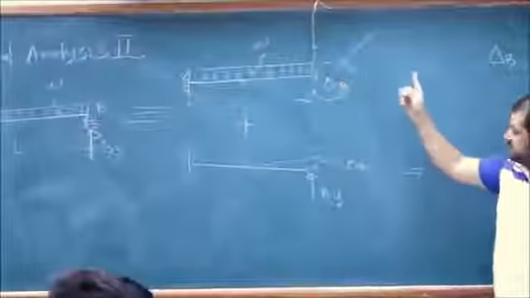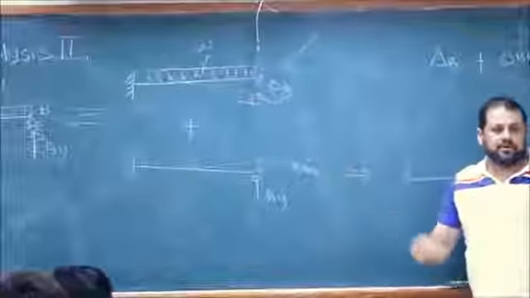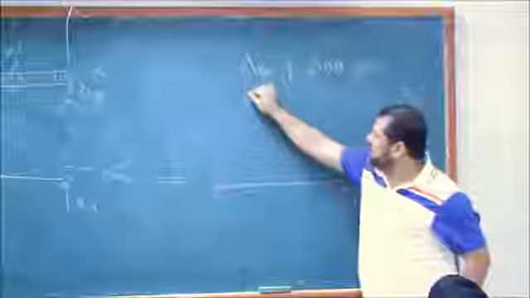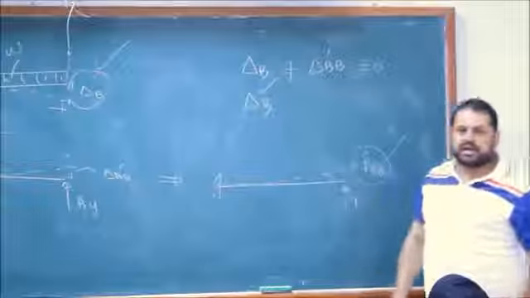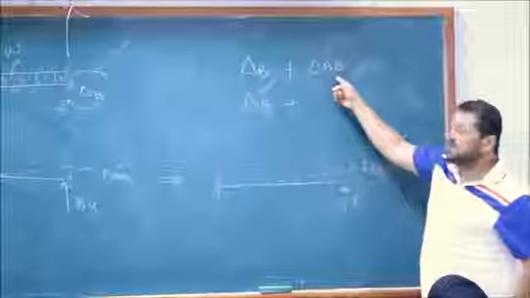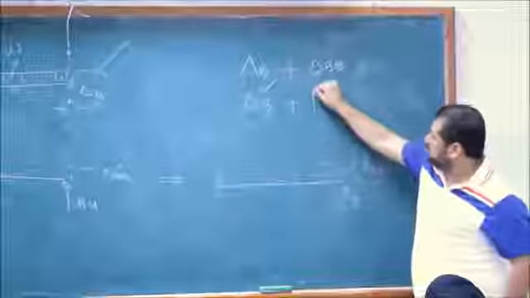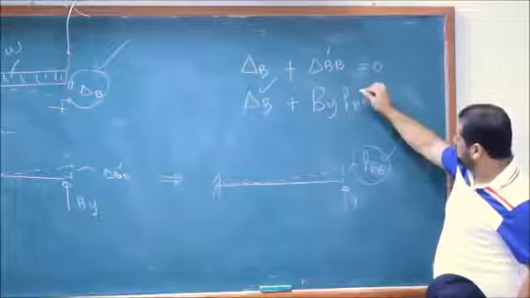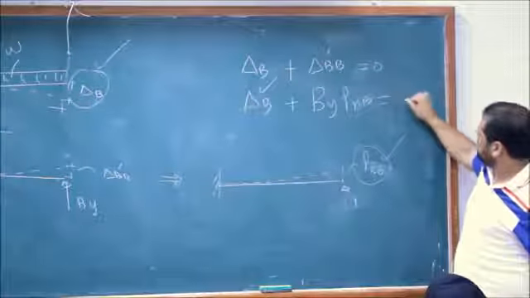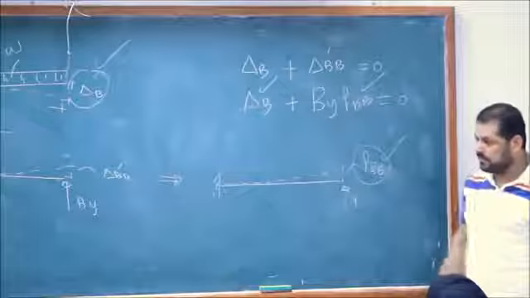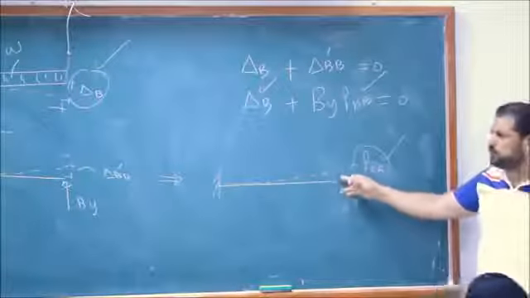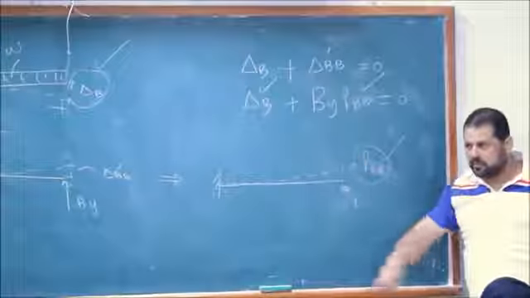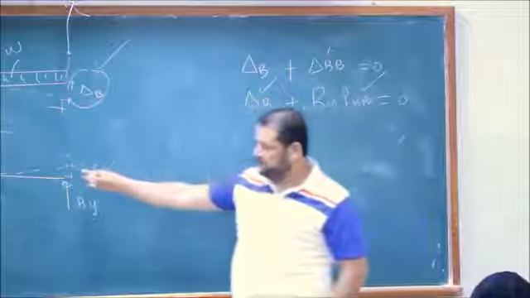This deflection plus this deflection equals 0. Based on that, you will find By. Delta B, we can calculate it. Plus, what's delta BB dash? It's the deflection in the beam due to one unit load at that location, at the location where you remove the redundant. عند المكان اللي شلت منه redundant.